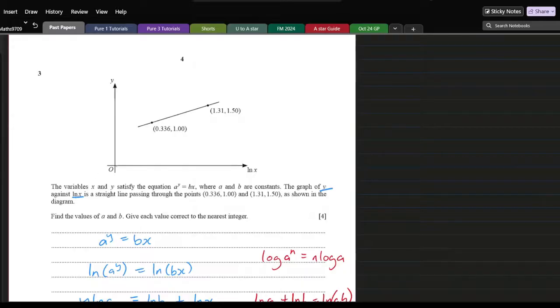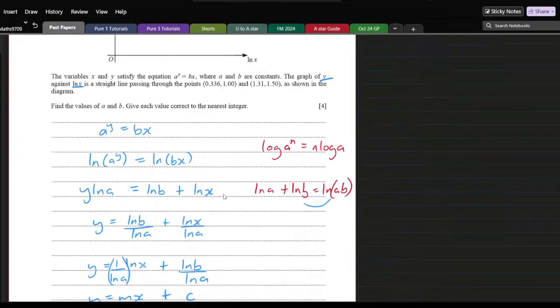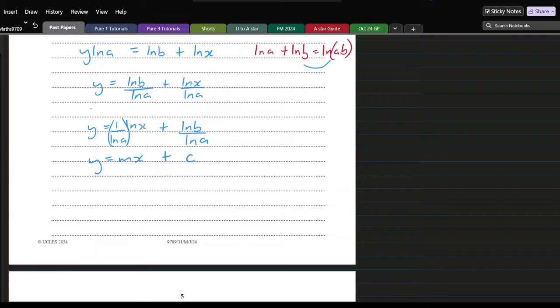You're used to having your line being y against x, but in this case it's actually ln x, so be careful of that. So going back to the equation of a straight line, in this case our gradient m should be this part here, this 1 over ln a, since our line is y against ln x. And then our y-intercept c should be this part here, ln b over ln a.